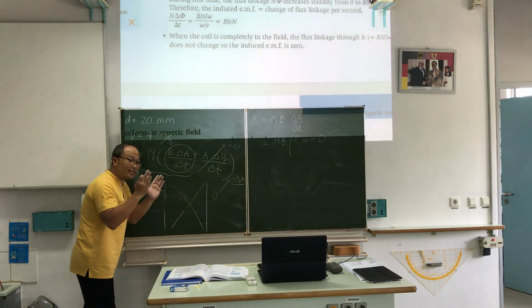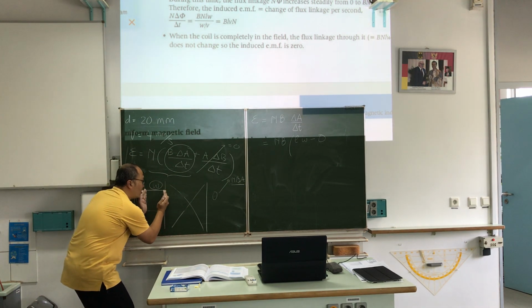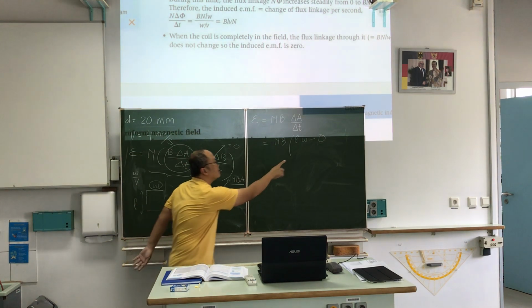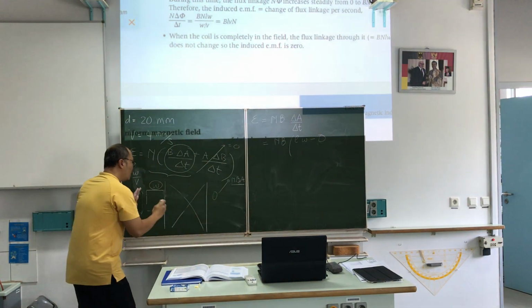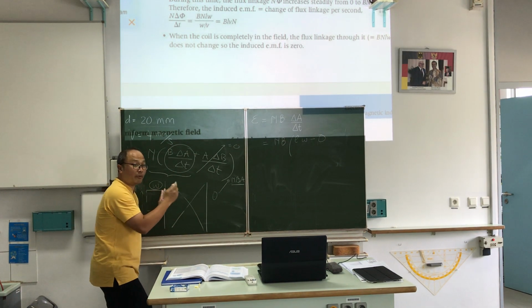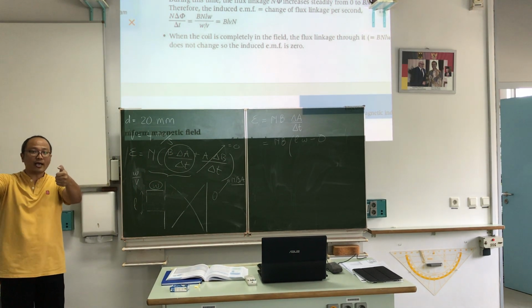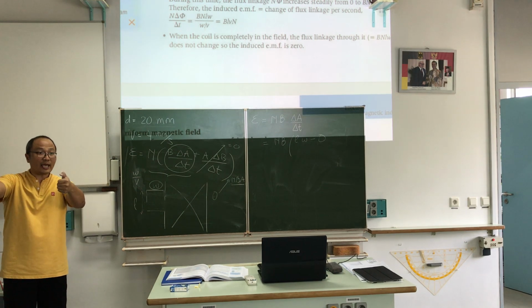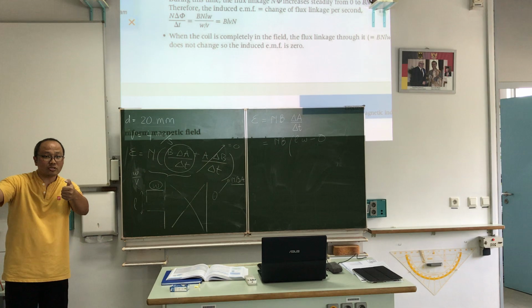Just about is here, not yet in, so 0 area. Then it enters until it's completely inside, and then he stopped the stopwatch and said, okay, that's the end state.